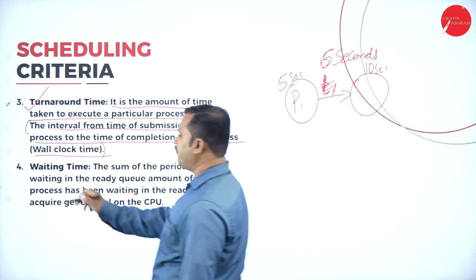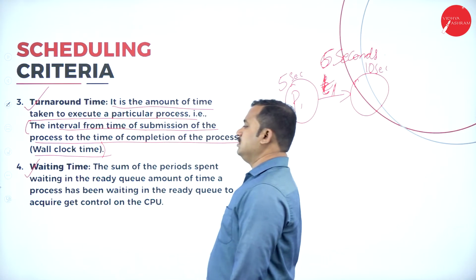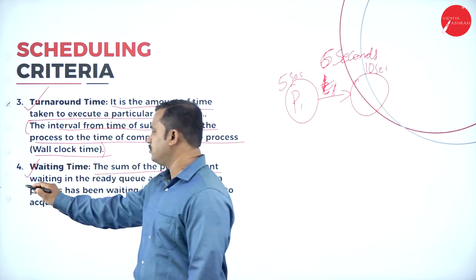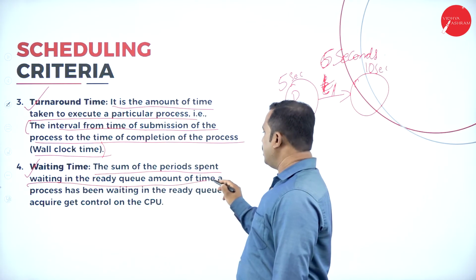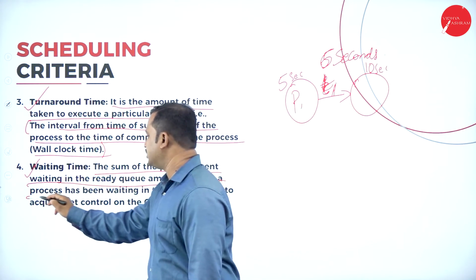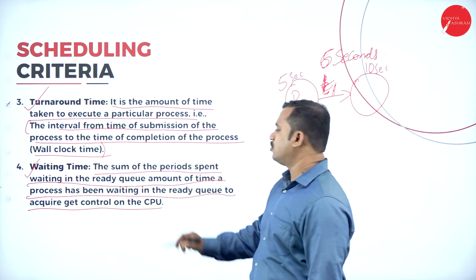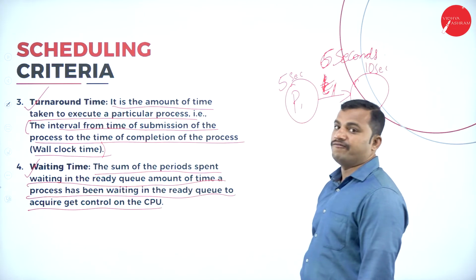What is the meaning of waiting time then? It is the sum of the periods spent waiting in the ready queue, the amount of time that the process has been waiting in the ready queue to get control of the CPU. That is called waiting time.